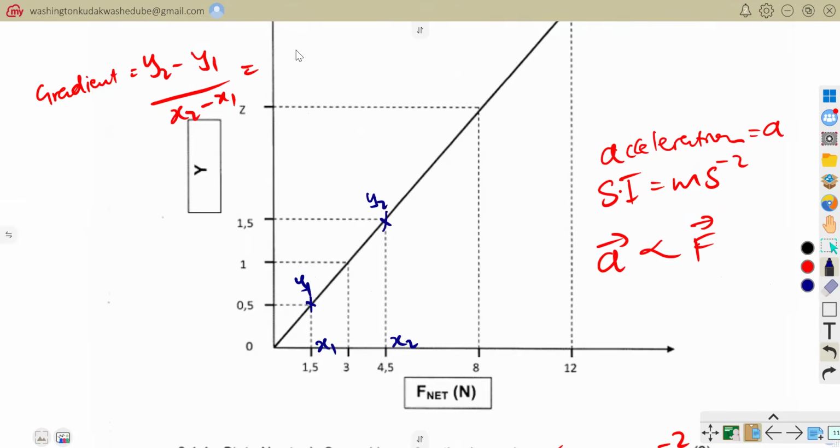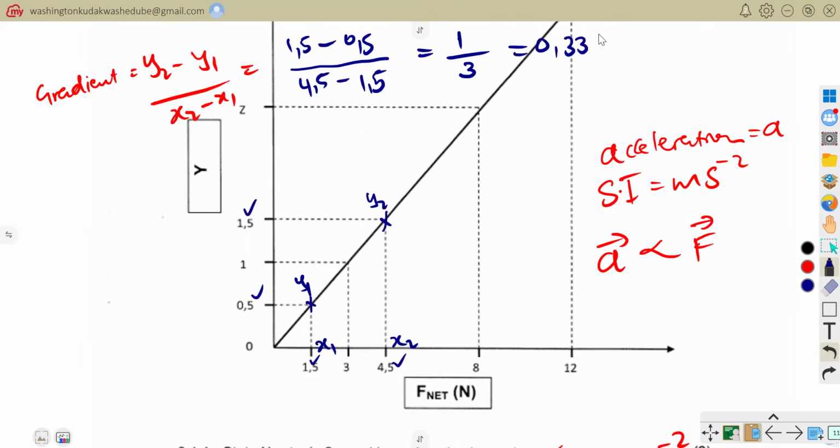So y2 here is 1.5 minus y1, which is 0.5, divided by x2, which here is 4.5, minus x1, which is 1.5. This gives me 1 divided by 3, which is equal to 0.33333.